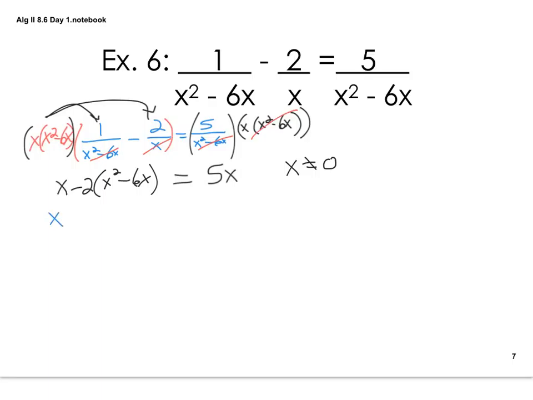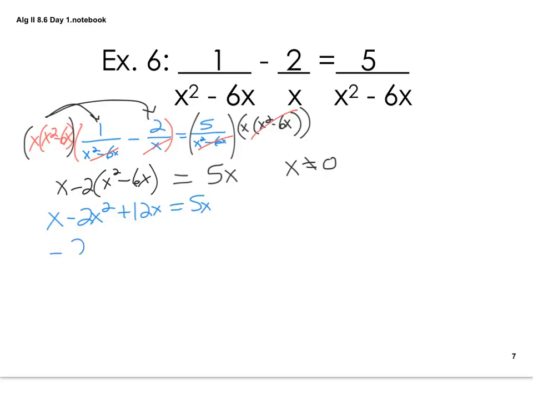So I've got x minus 2 times x squared, and then when I multiply negative 2 times negative 6x, I'm going to end up with a positive 12x, and that is equal to 5x. I'm going to combine some like terms here. I've got a couple of x's on the left-hand side of my equation that I can combine.